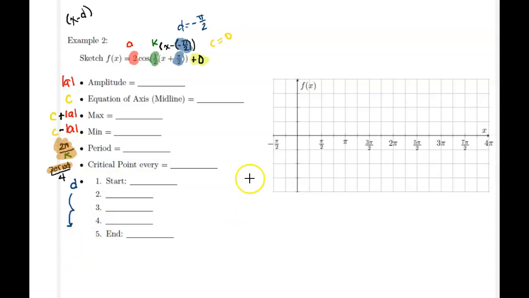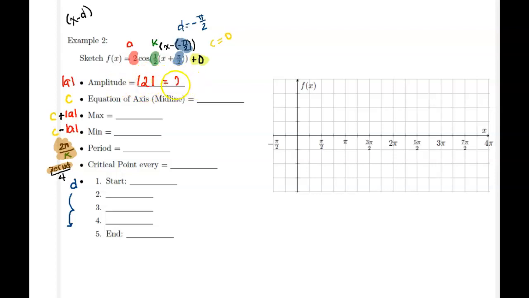So let's use this to find all of our key features here. So my amplitude. Well, my a value was 2. So we're going to find the absolute value of 2. And remember, the absolute value bars just make whatever is inside here positive. Well, lucky for us, this is already a positive number.